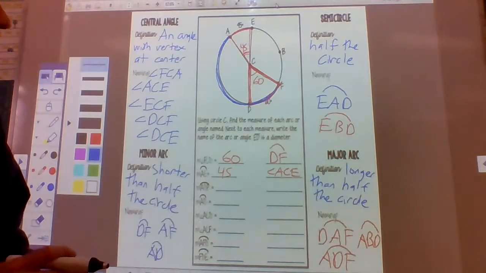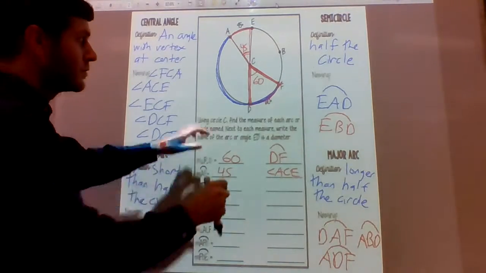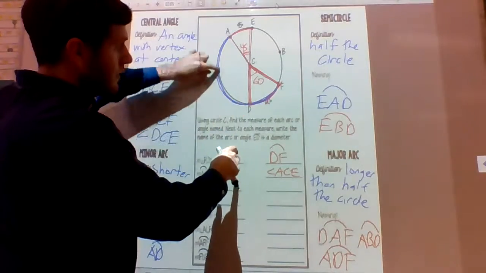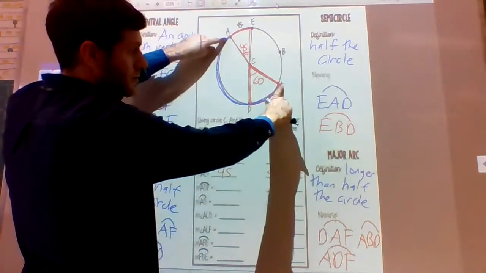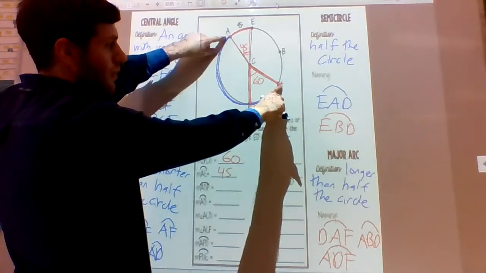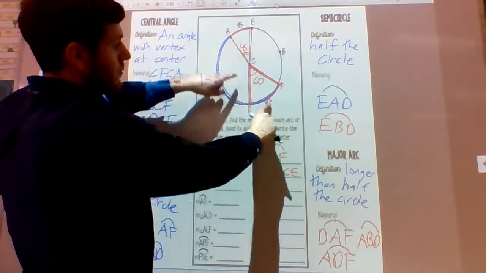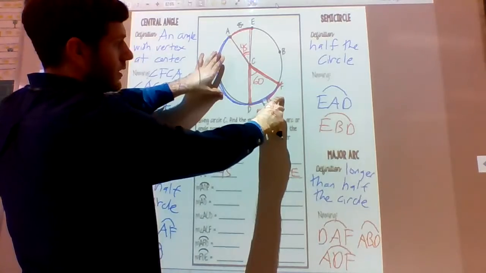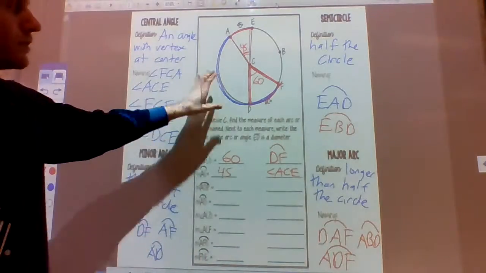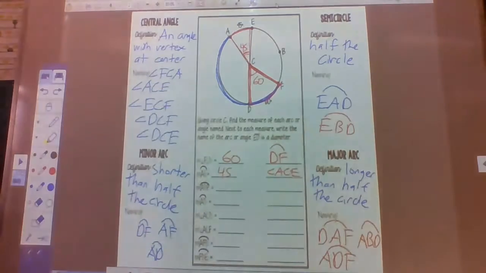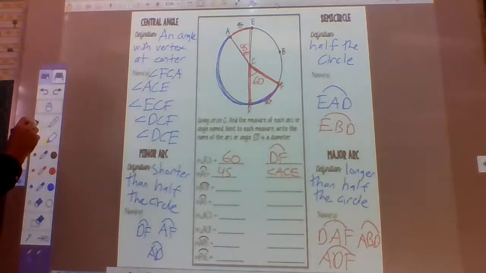So we want to find the measure of that. So that means we're going to have to find this arc distance, AD, plus DF to get the whole thing. Just like angle addition and segment addition, we're doing arc addition. AD plus DF, which is going to be the same as these two central angles added together. So if we can find this arc length or this central angle, we'll be able to solve for the measure of ADF. The way we're going to do that is we're going to use the semicircle.